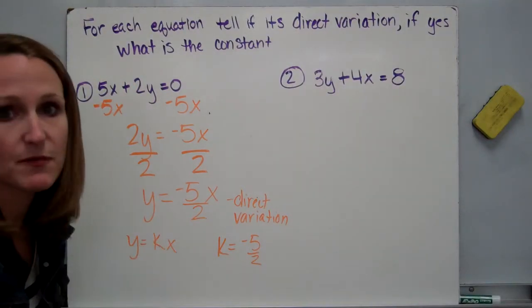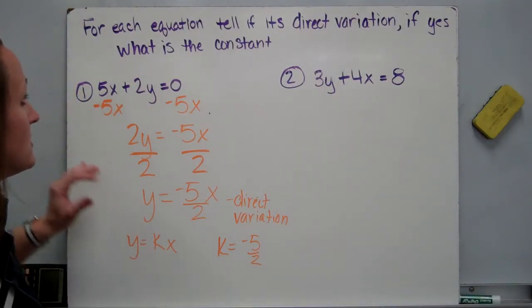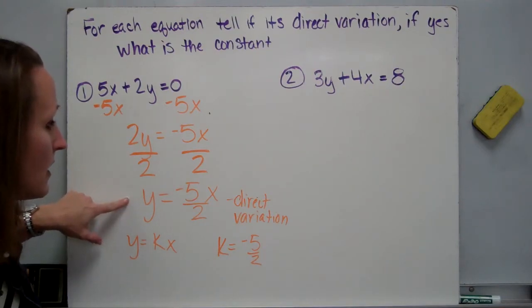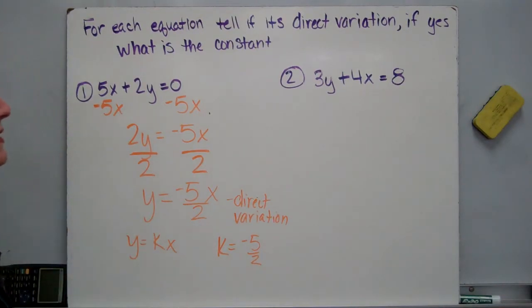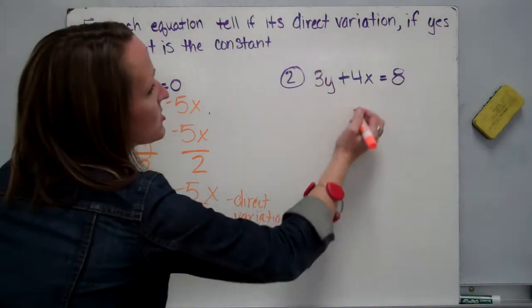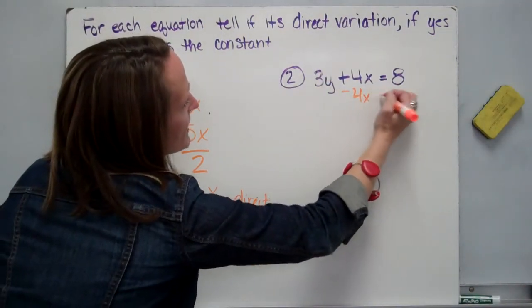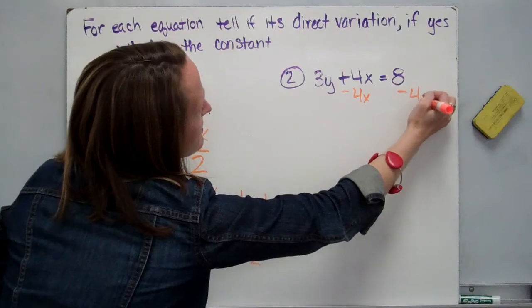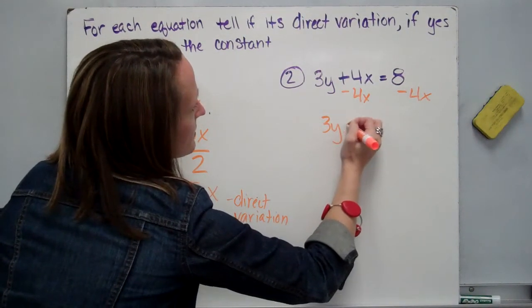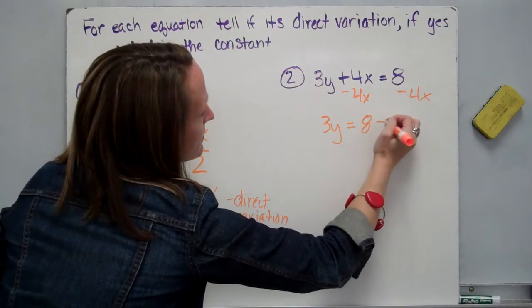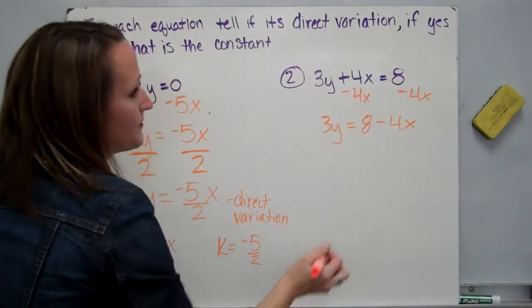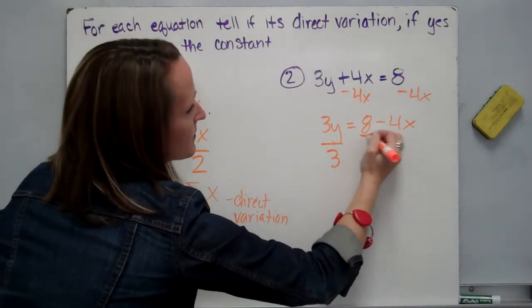Okay, so again, to tell if something is direct variation, you want to solve for y, and then you can tell what the k is. Okay, so what about this other one? Again, solve for y. So we're going to subtract 4x from both sides. Okay, not quite done. We're going to divide everything by 3.